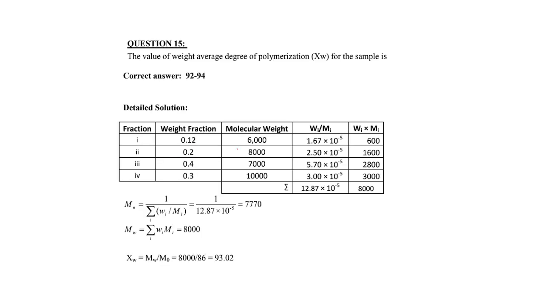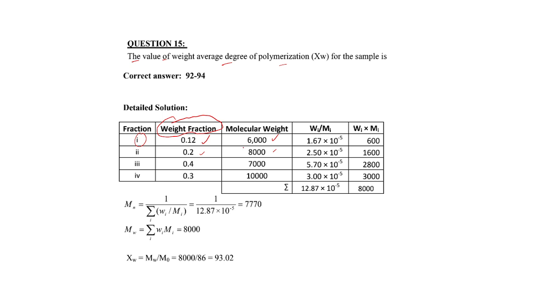Here also we have a numerical problem, and we need to find the value of the weight average of the polymer, XW, for the sample. Various fractions are given, and their weight fractions and molecular weights are given.